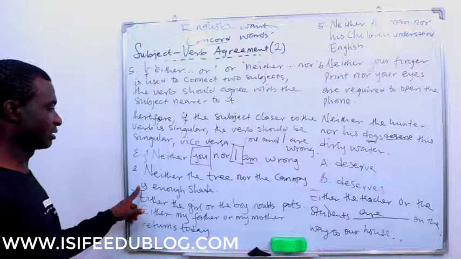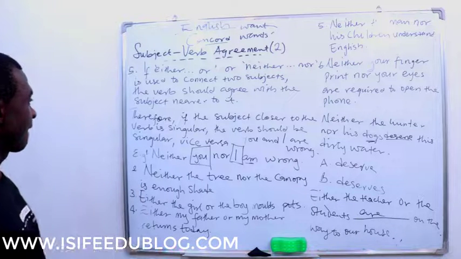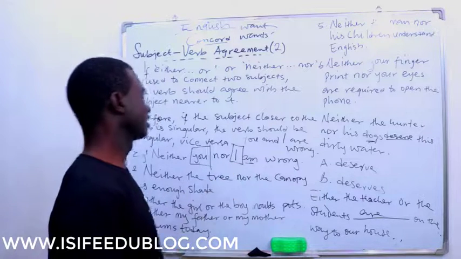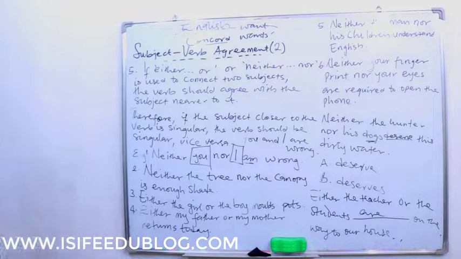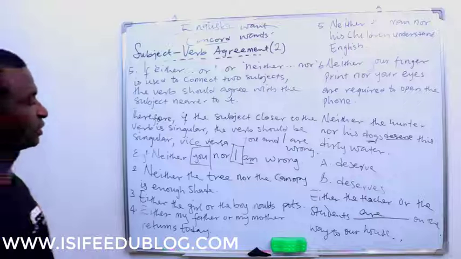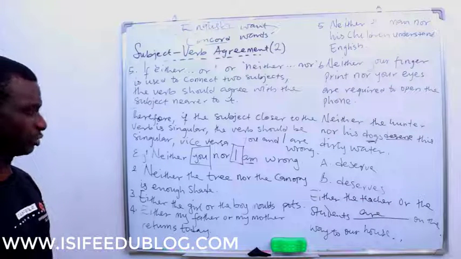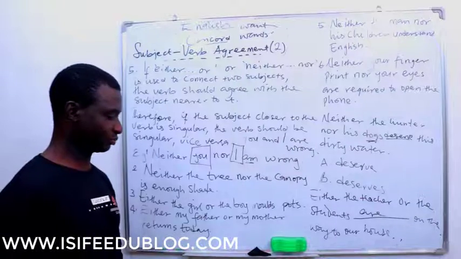Is, singular. Okay. I, singular. Am, singular. That's what we mean. So take note of these usages as we go to the next rule of concord. Alright.